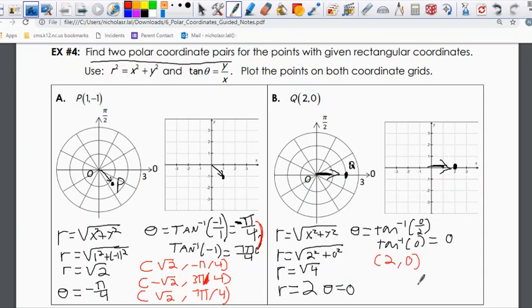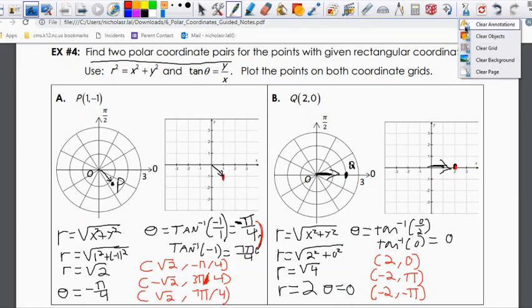We can also have r is negative 2, theta is pi, or r is negative 2 and theta is negative pi. So I want you to think about how these values make you end up at this point, and these values make you end up at that point. All right, moving on.